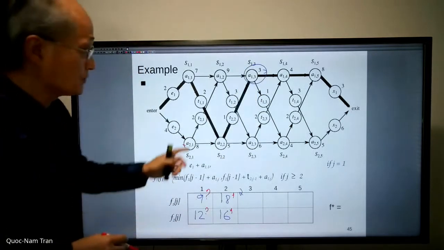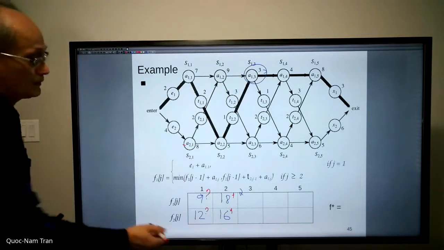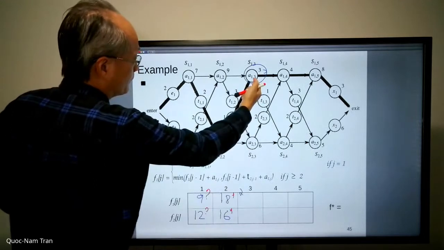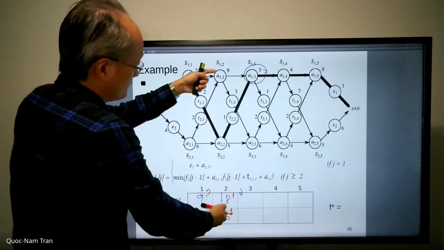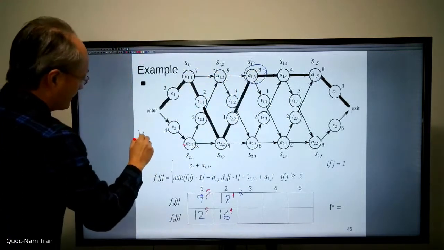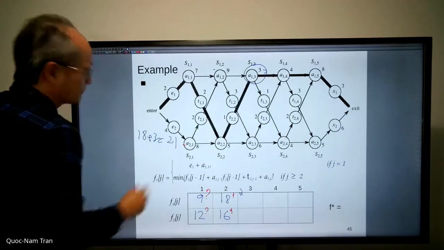So there are two possibilities. Then we would have F13 will be F12 is 18, right? Plus 3. 18 plus 3 is 21, right?